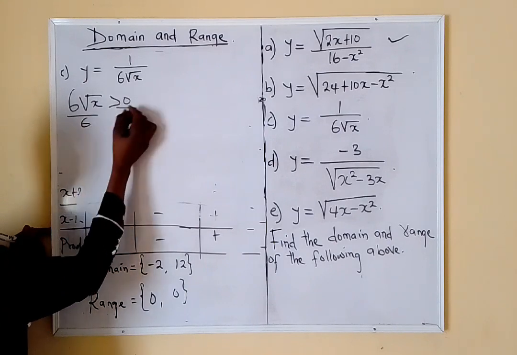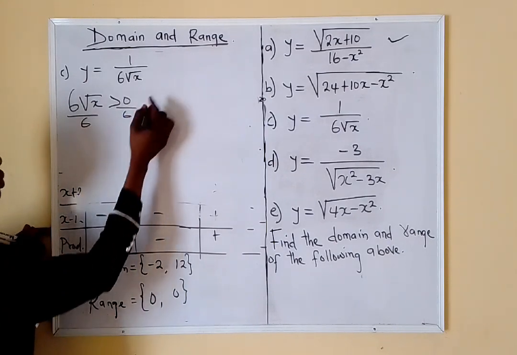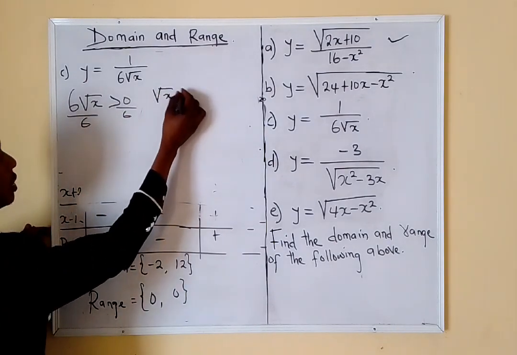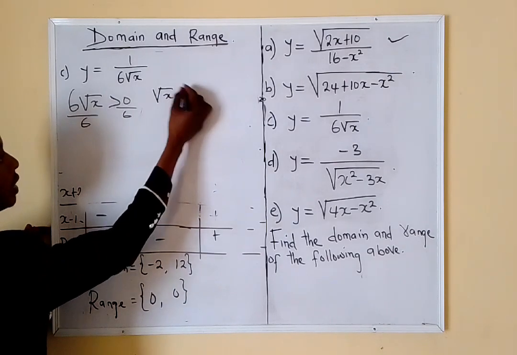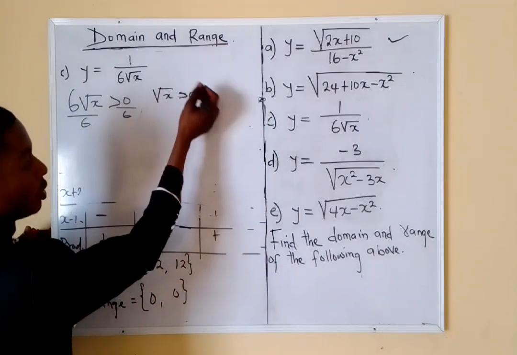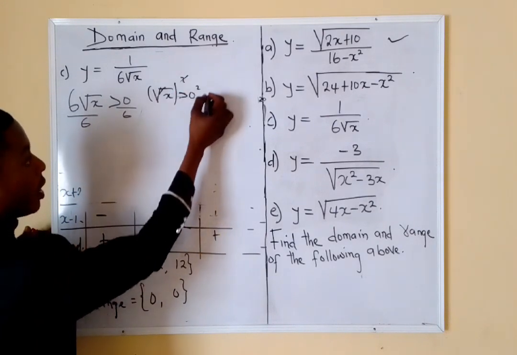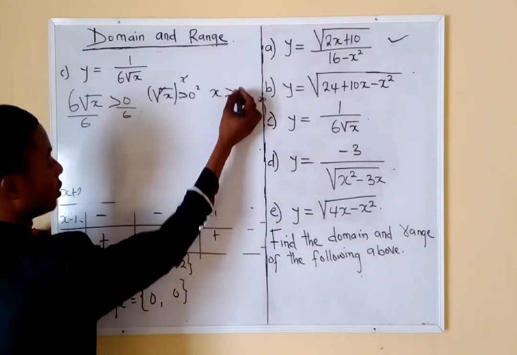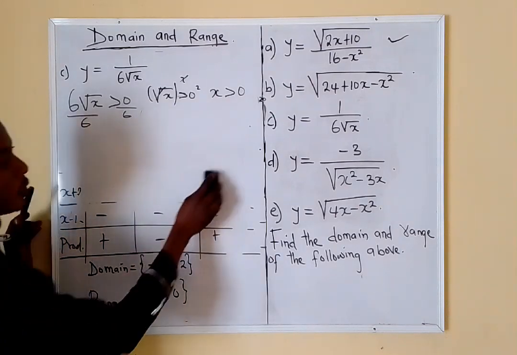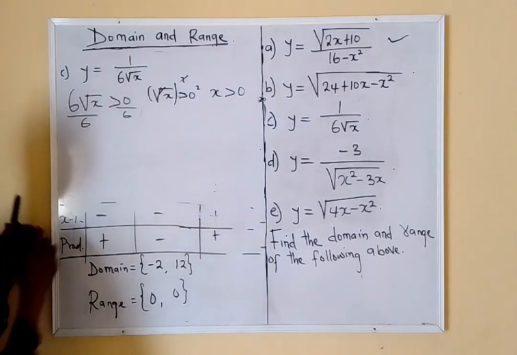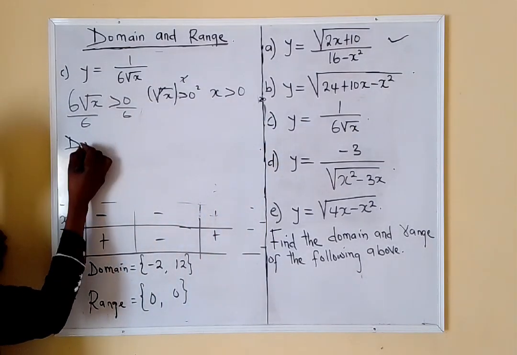Now, to get the domain, this is simple. Numbers greater than 0 are numbers like 1, 2, 3, 4, 5, 6 continuously. So after taking 1, instead of writing 2, 3, 4, 5, 6 continuously, you use infinity to represent the other values.